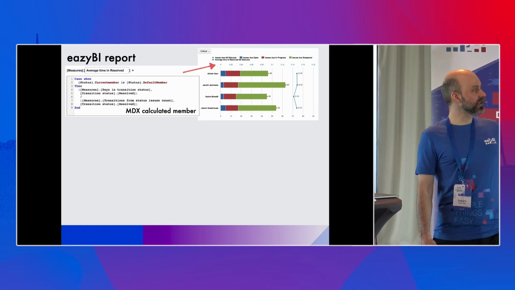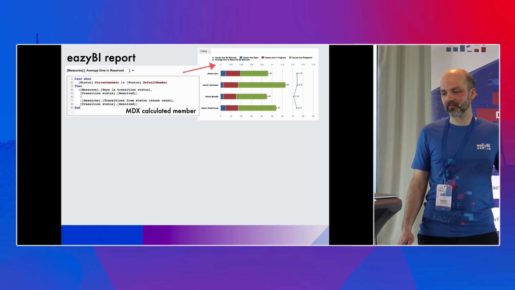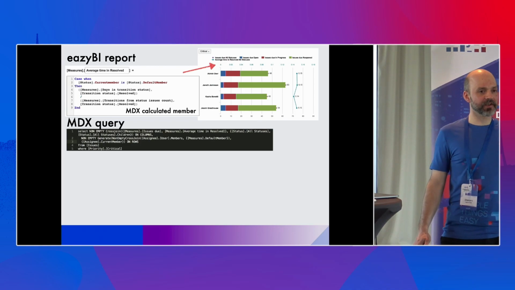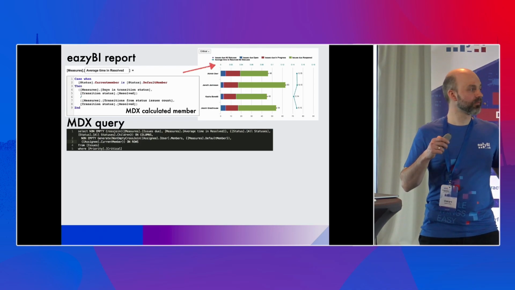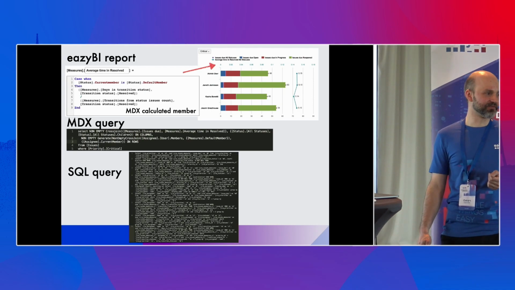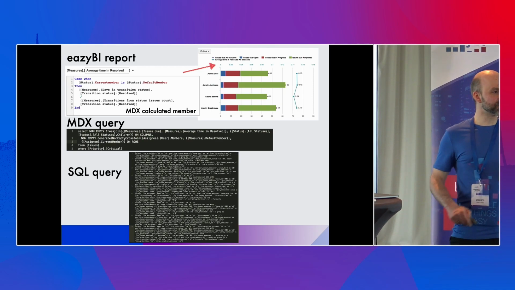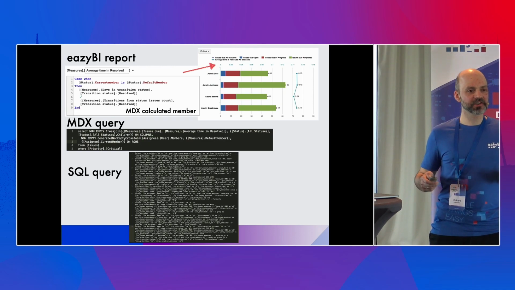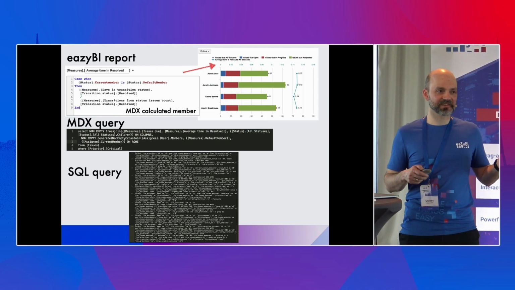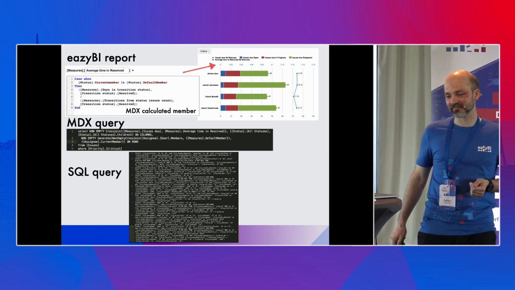It created an MDX calculated member, which created the MDX query in the background, and SQL queries which don't fit on the page. We are using MDX and the Mondrian engine to make it easier and simpler for you to create reports. You could, of course, write those SQL queries, but that would not be very efficient.